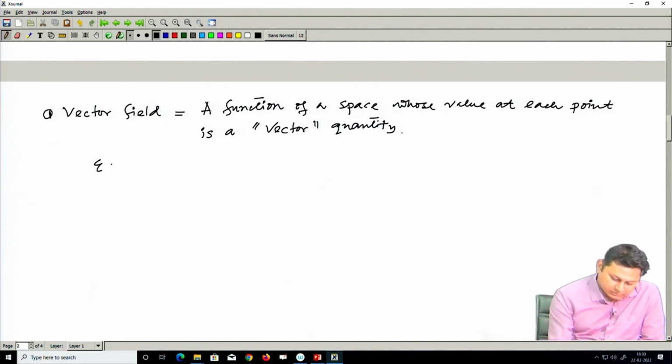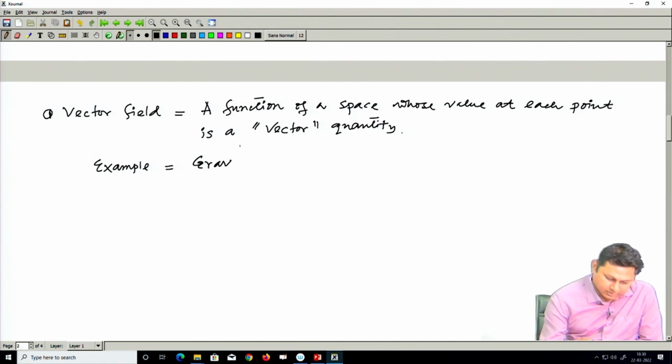Example: gravitational force, a very common example.